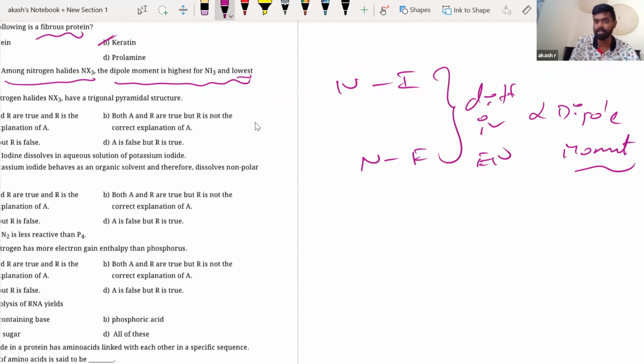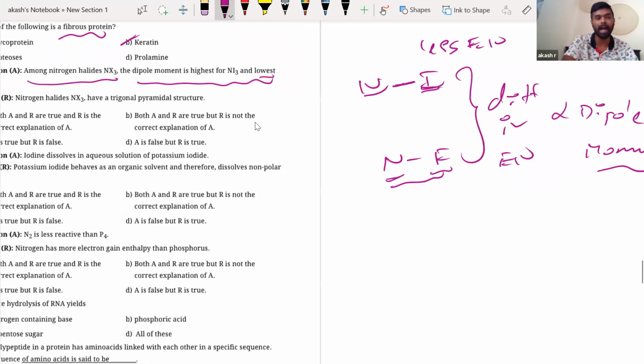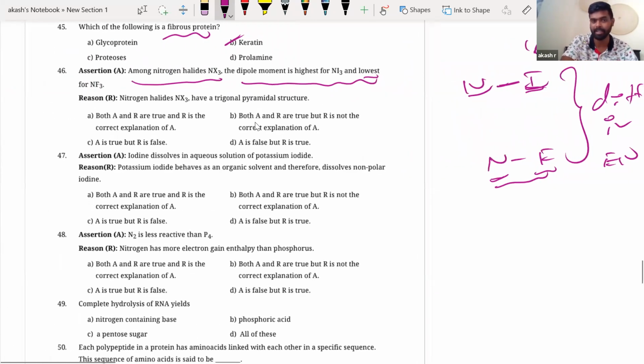Now you see, fluorine is highly electronegative, and nitrogen is okay electronegative, so there is very little difference in electronegativity. But iodine is less electronegative and nitrogen is more electronegative, so there is more difference in electronegativity. So the assertion is right. Among the NX3, NI3 will have the highest dipole moment, NF3 will have the lowest dipole moment.